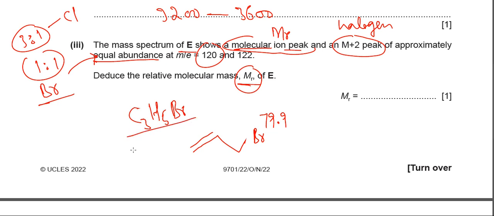Keeping this formula in mind, we have 3 carbons, atomic mass of carbon is 12, 5 hydrogen atoms, atomic mass is 1, plus 1 bromine, and the average atomic mass is 79.9.